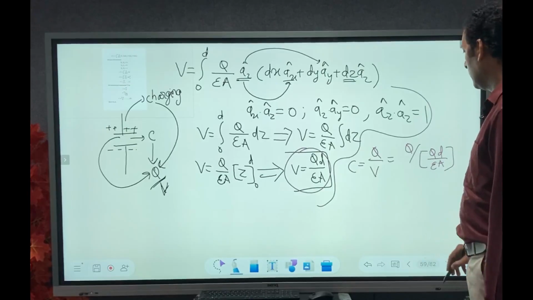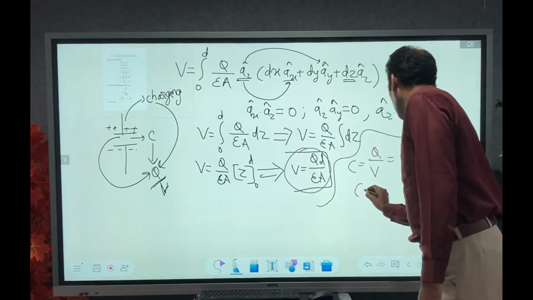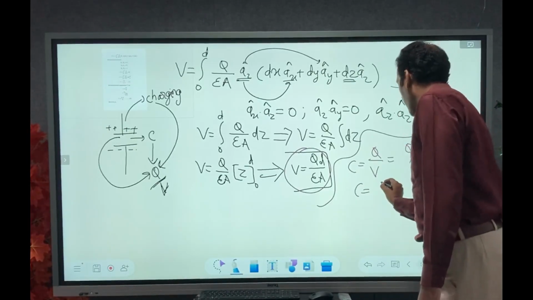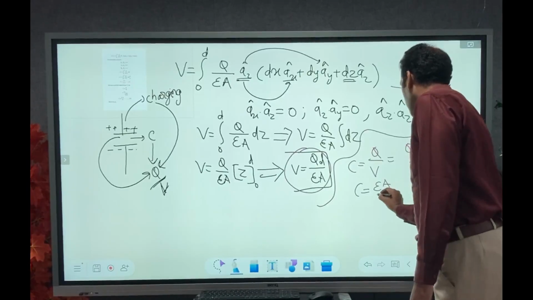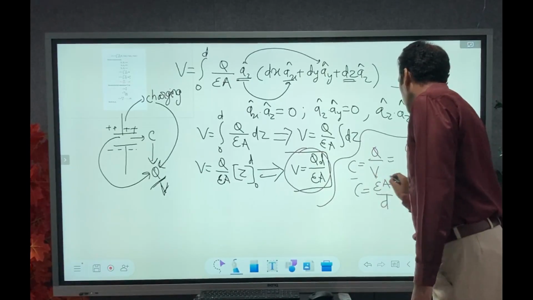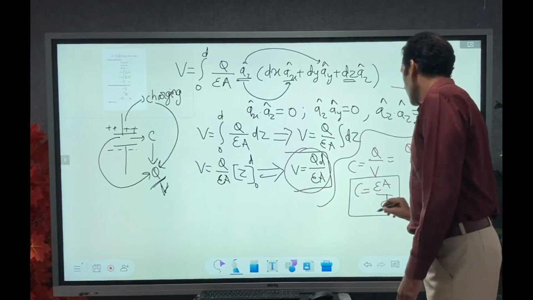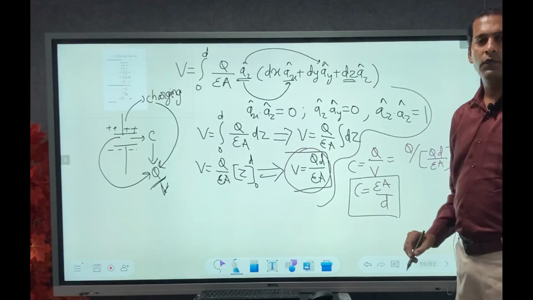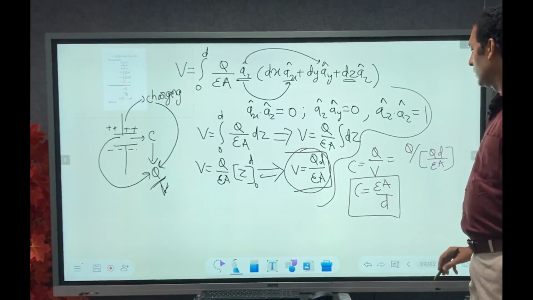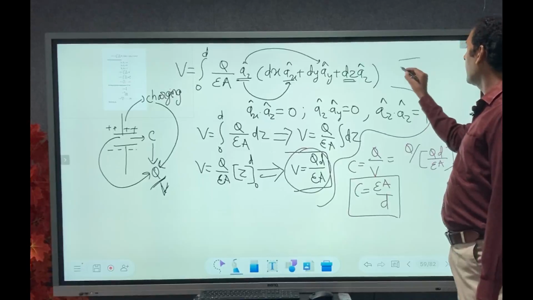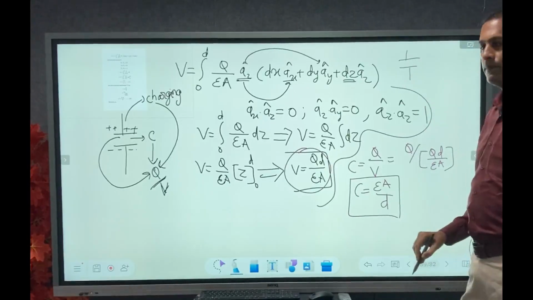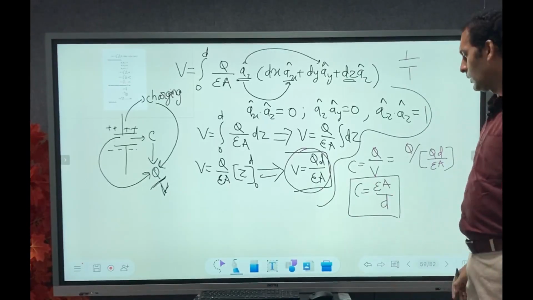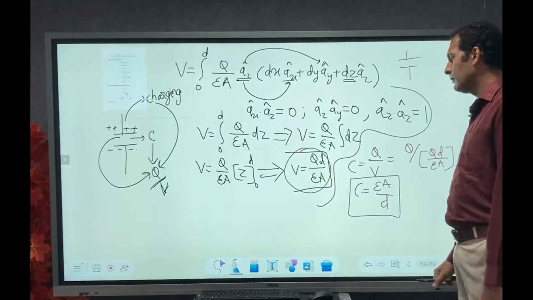If we replace the term, what we will get? C will be equal to epsilon A by D. This will be the formula for capacitance. So this is the capacitance for parallel plate. This is the capacitance formula for parallel plate.